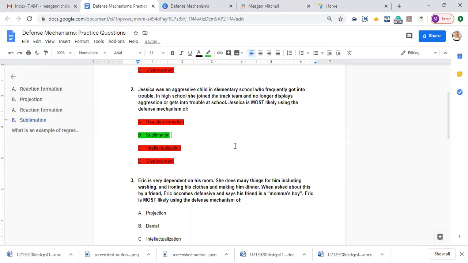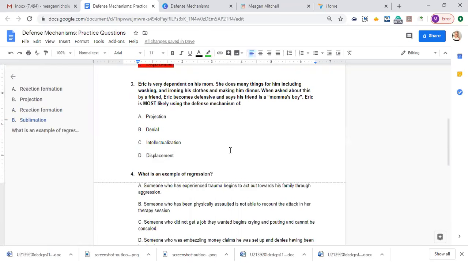Number 3, Eric is very dependent on his mom. She does many things for him, including washing and ironing his clothes and making him dinner. When asked about this by a friend, Eric becomes defensive and says his friend is a quote-unquote mama's boy. Eric is most likely using the defense mechanism of projection, denial, intellectualization, or displacement.